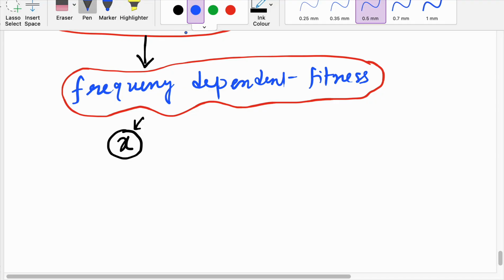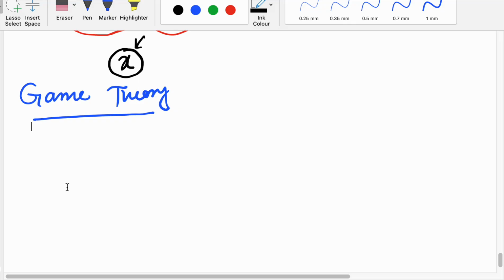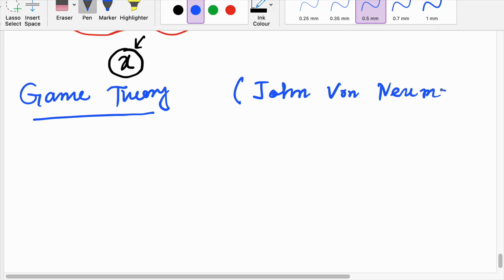Now, what is game theory? Game theory was first introduced by John von Neumann, a mathematician, and Oscar Morgenstern.